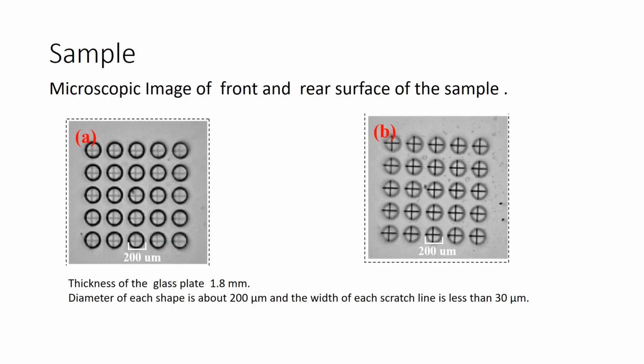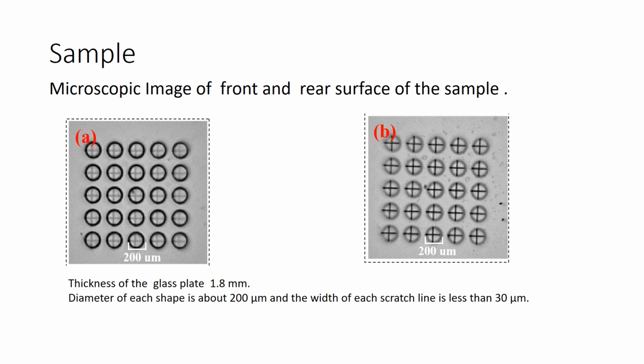So we have used a sample to explain the features of our experiment. We used a glass plate with a thickness of 1.8 millimeter, and microscopic structures are engraved on this glass plate, which has a diameter of about 200 micrometers, with the width of the scratch line being around 30 micrometers.